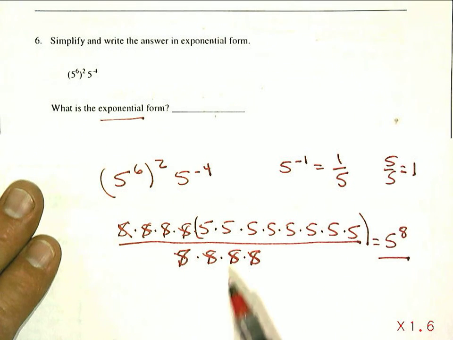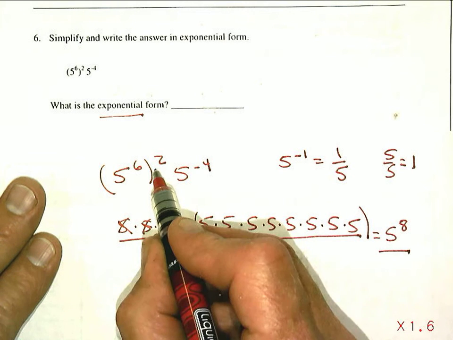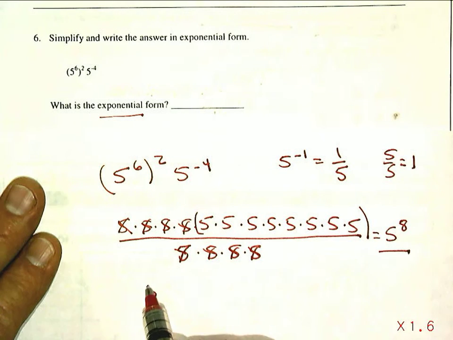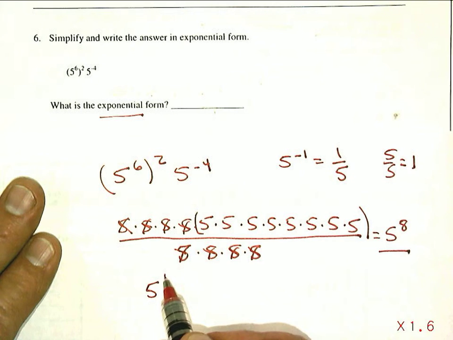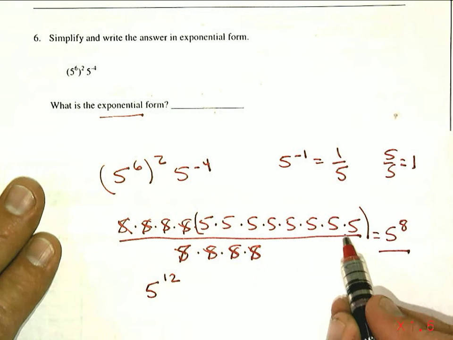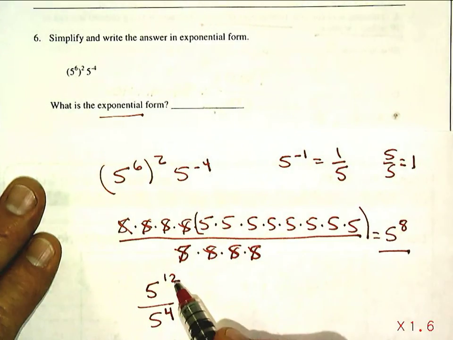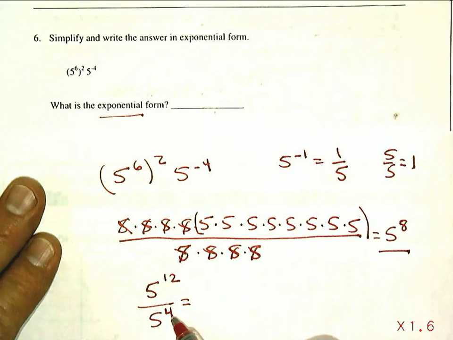If I understood these, I could have realized that 5 to the 6th power squared is 5 to the 12th power, because I had 12 of those, over 5 to the 4th power, because 5 to the negative 4th power means 1 over 5 to the 4th power. If you just take these exponents and subtract them, 12 minus 4, I get 5 to the 8th power.